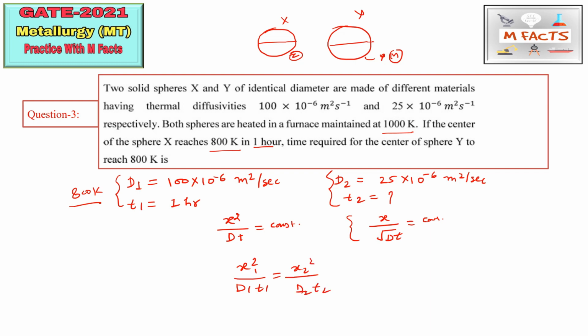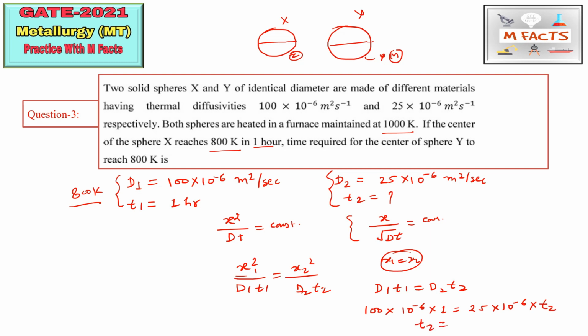They are saying that the shape and the diameters are identical, so we take x1 equals x2. From here you get the relation D1 t1 is equal to D2 t2. So we put in the values: D1 is 100 into 10 power minus 6, t1 is 1 hour, D2 is 25 into 10 power minus 6, and t2 you need to find.